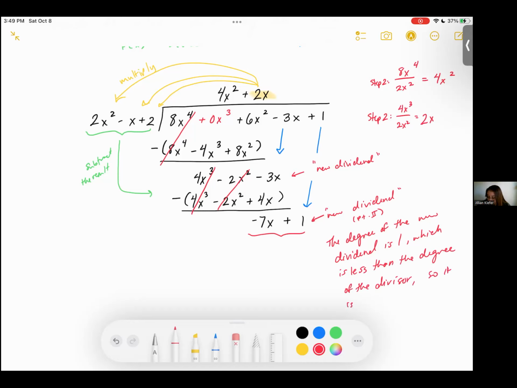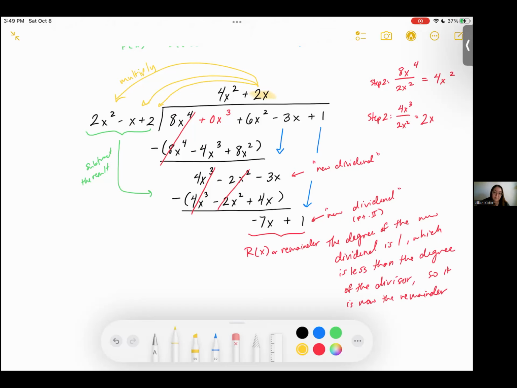So it is now the remainder. So negative 7x plus 1 is r of x, or the remainder. That's what negative 7x plus 1 is.